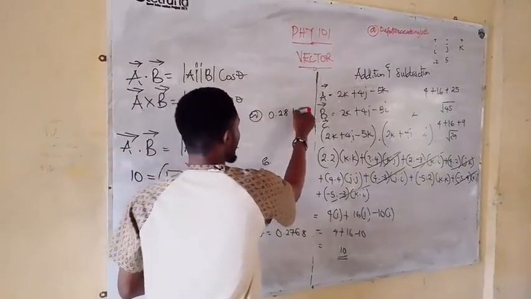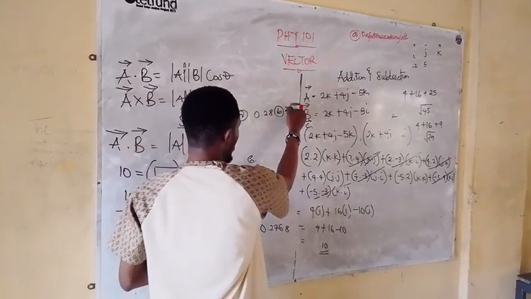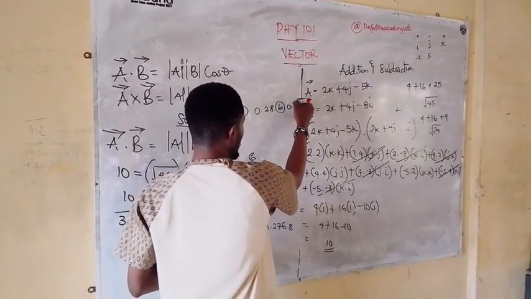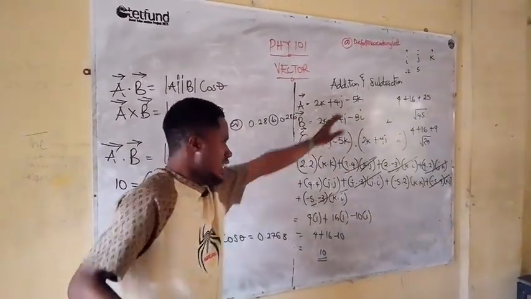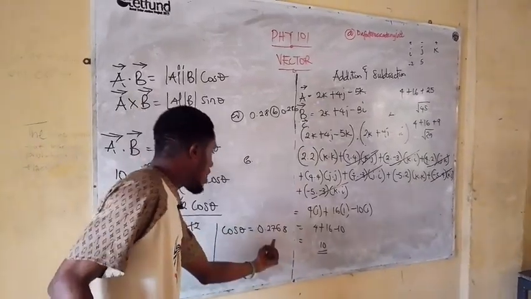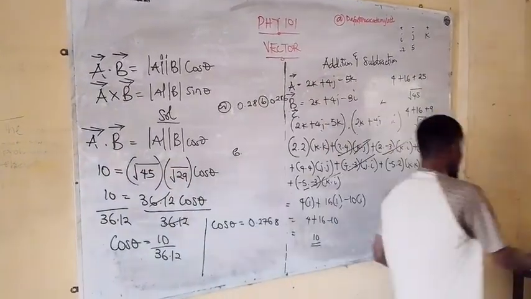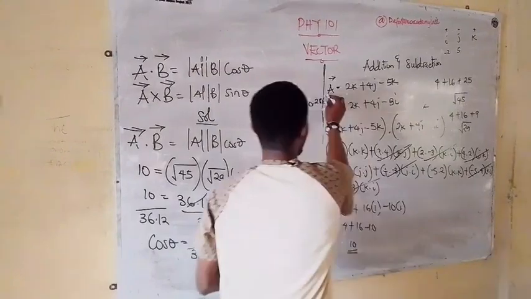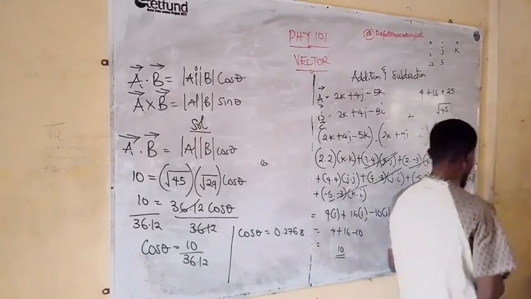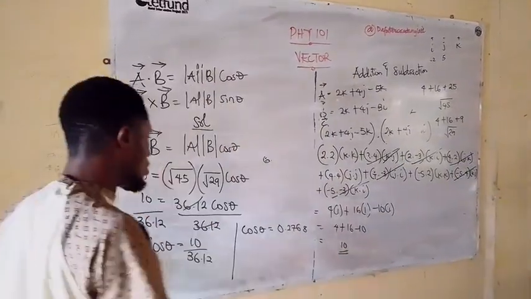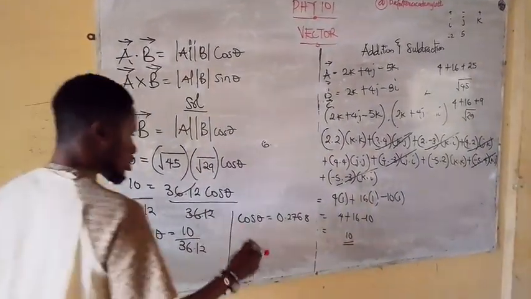Maybe you see B, 0.286. That is not your answer. C is the only one that looks alike. They are approximated. So in a case where you're doing CBT, please check your options to know whether to approximate or not. But if you're doing your theory, then you can play with your answer. Your lecturer knows what you're doing.